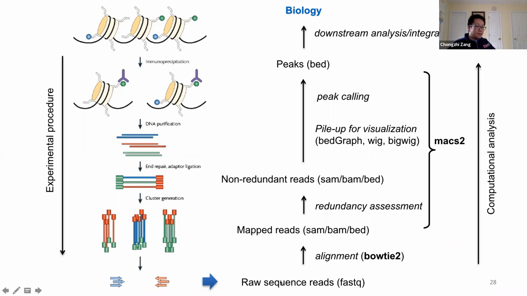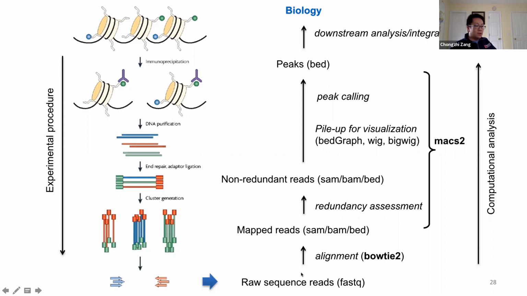So in detail, the raw sequence reads are the raw data that we start with in terms of ChIP-seq data analysis or analysis of any next-gen sequencing data. And the raw sequence reads are usually in the format of a FASTQ.